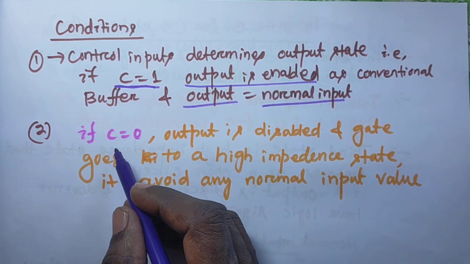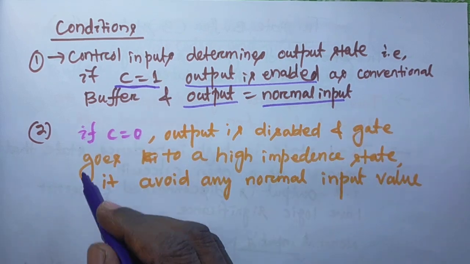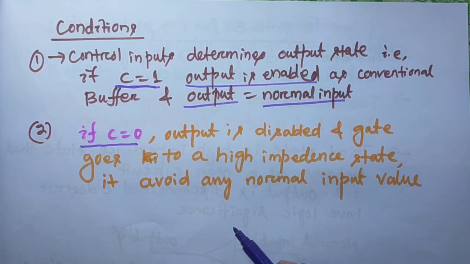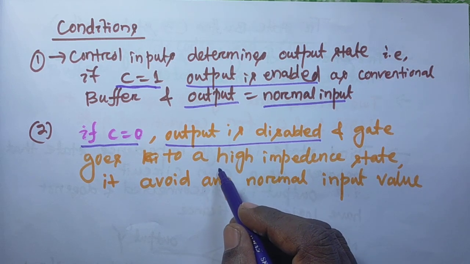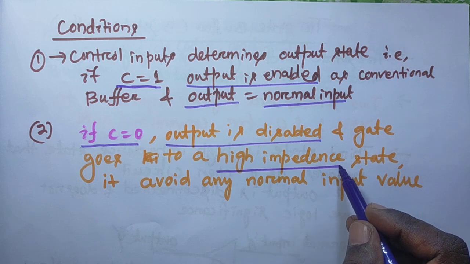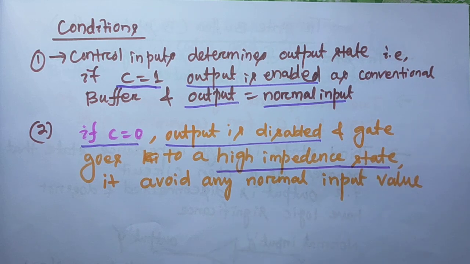If C is equal to 1, it's okay. If C is equal to 0, then what happens? The output is disabled. The buffer gate goes to a high impedance state, and it avoids any normal input value.